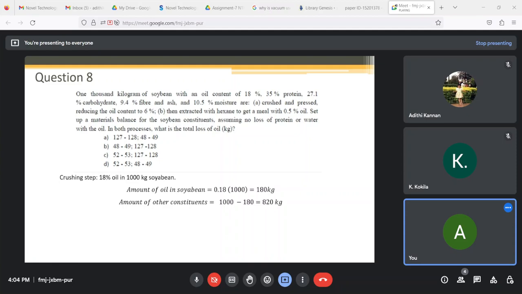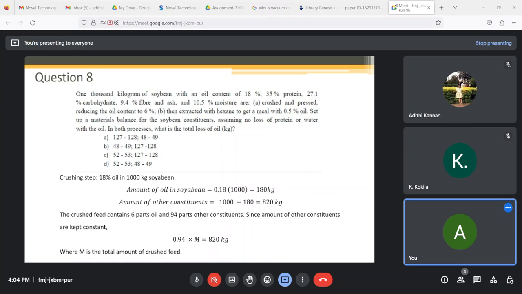If oil is 180 kgs, then the other constituents are 1000 kgs minus 180 kgs, which is 820 kgs. Since it has been asked that you assume no loss of protein or water with the oil, you can assume that this 820 kgs is constant in all the processes. Then you can do a solid balance, and from there you can calculate the oil balance as well.